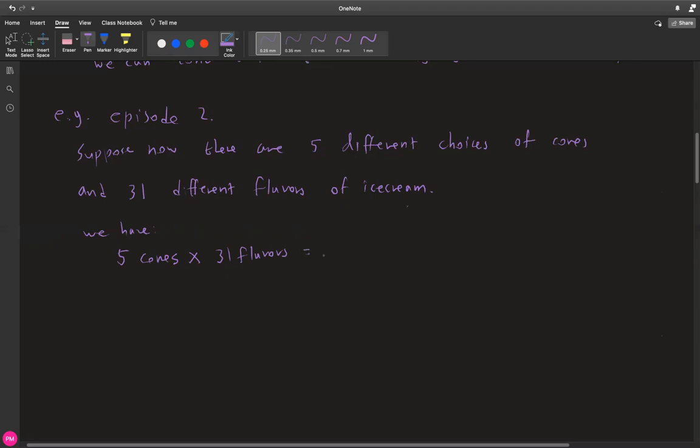So simply, we have 155, and this is from 5 multiplied by 31 choices, different ways to order. That's it. It's simply by multiplication rule.